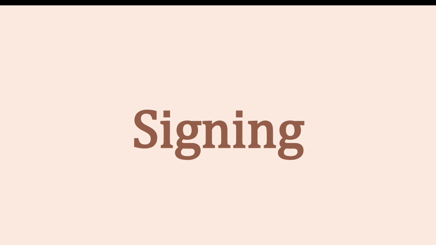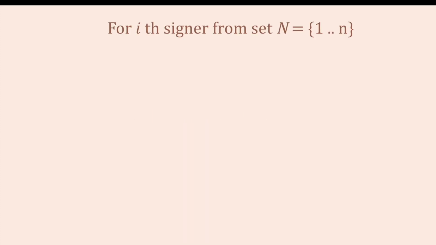The signing is pretty straightforward, right? When you have the shares for nonces and a group key, it's pretty straightforward to sign messages. So for E, a signer from set 1 to n, the Lagrange is pretty straightforward, right?